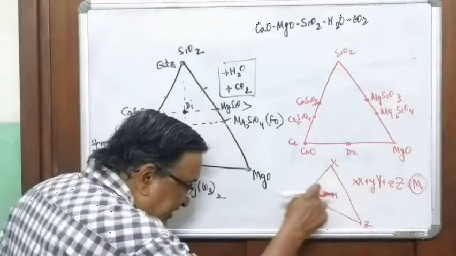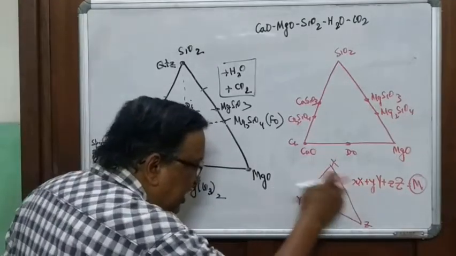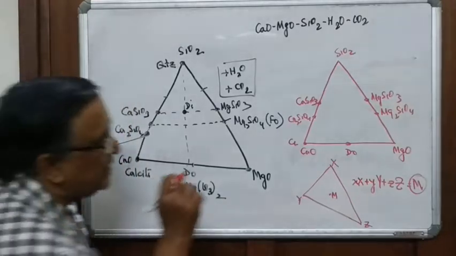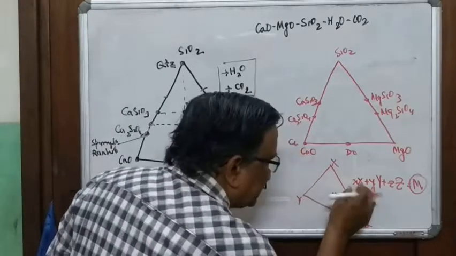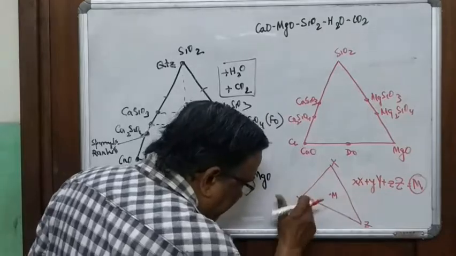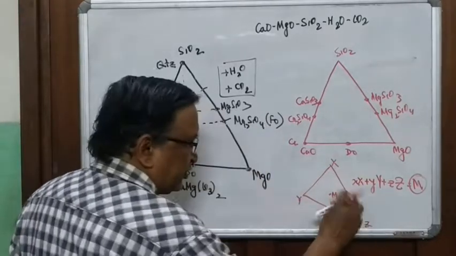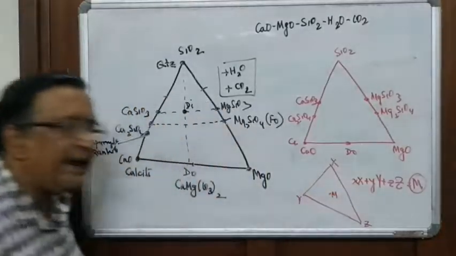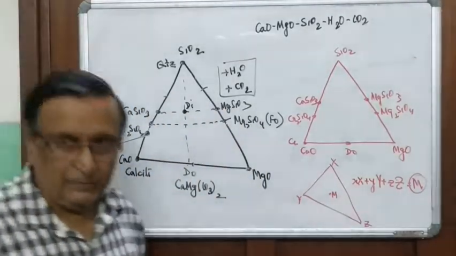So if there is a composition space and there is a mineral inside it, then some proportion of X, another proportion of Y, and another proportion of Z should give you the composition of the mineral M, normalized to 1.